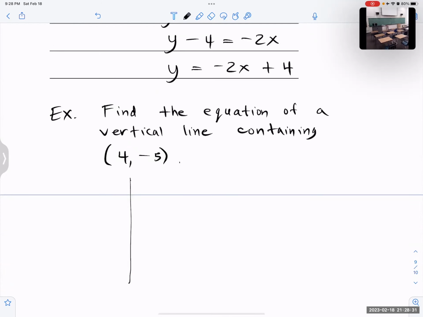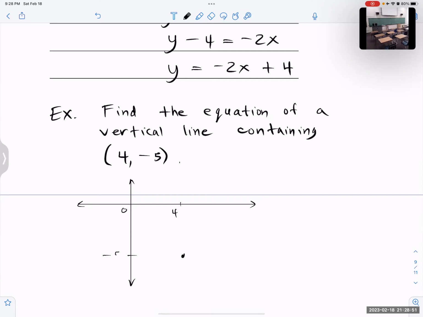So let's draw a picture which is worth many words. 4, -5, roughly. So let's let this be 4, x is 4, and -5.